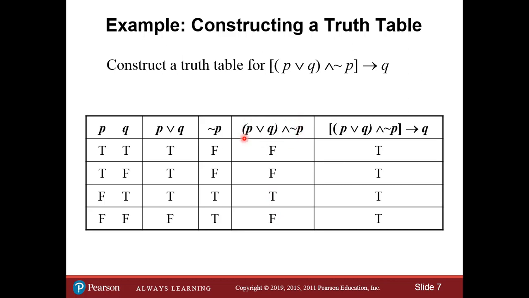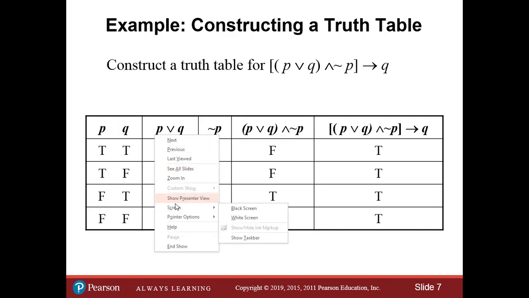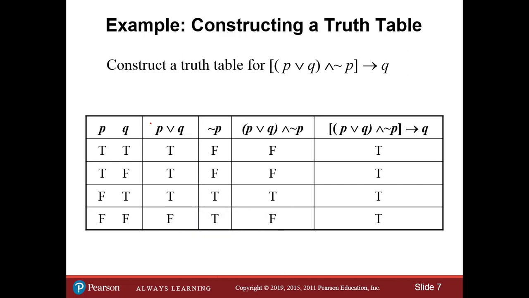And then finally, we start with the implication. So now we're going to look at this one. This is the antecedent, and this is the consequent. So now we got to be careful here. Okay, so what we need to do is look at this column here. This is the consequent, and this is the antecedent.